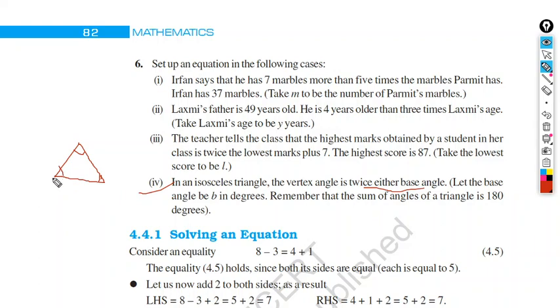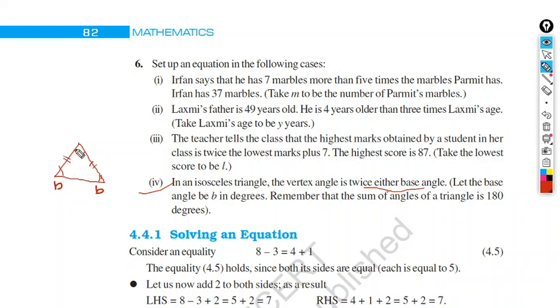Here we will assume one of the base angles be x or a, b or c, whatever you like. In the question the hint is given that let the base angle be b in degrees. Okay, we will take it as b. So one of the base angles is b, another base angle must be b, because this is an isosceles triangle. Two sides are equal.